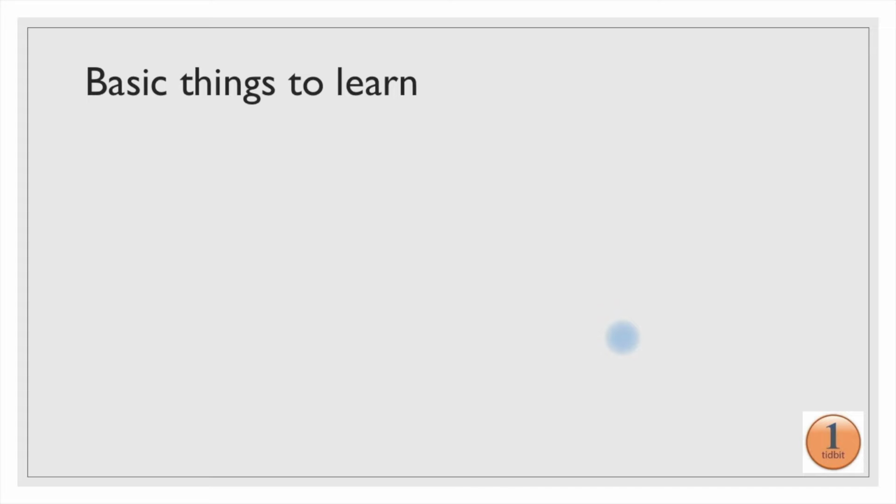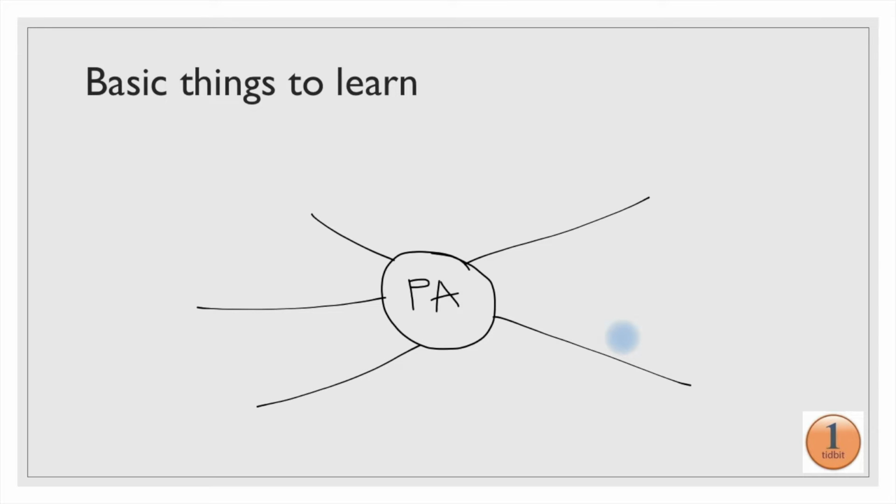So what are the basic things to learn in Power Automate to become an expert, or to become confident in building workflows? There are a few things to learn here. First we need to learn about triggers, actions, connectors, and how to share and deploy these, and templates.